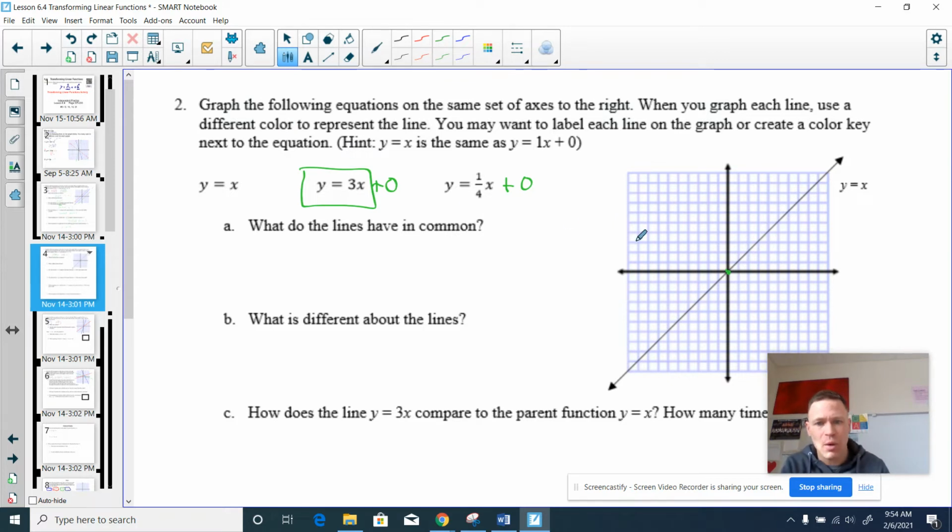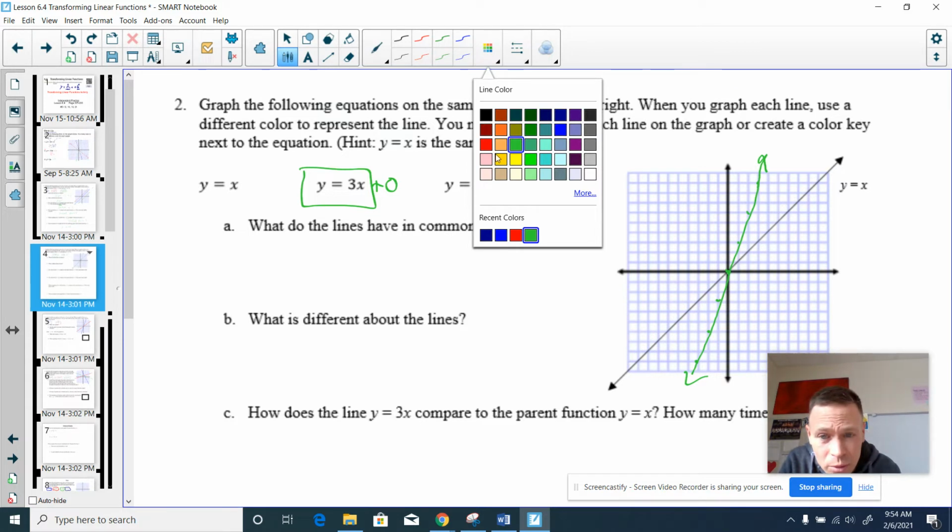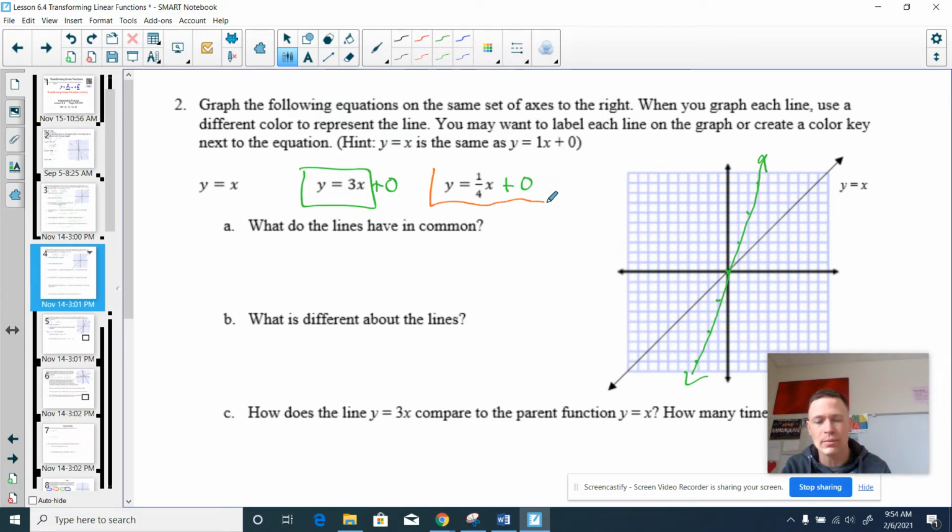So if I'm going to graph y equals 3x, that means I go up 1, 2, 3, right 1, up 3, right 1. I'm good there. I'm going to go exactly backwards, down 3, left 1, down 3, left 1, and there I am. So there is that line. I'll change colors. Maybe I'll use orange. Why not?